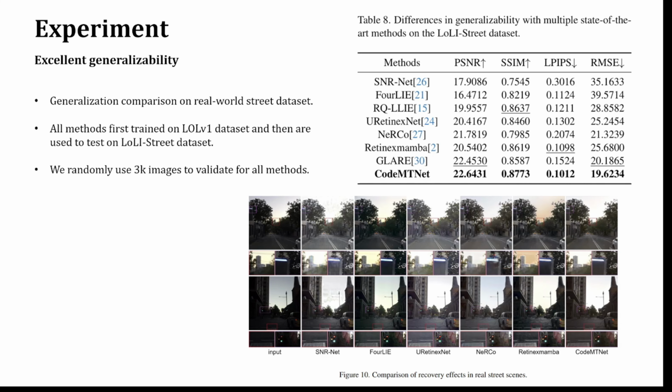Finally, we also compared our method with several state-of-the-art methods in terms of generalization. We randomly selected 3,000 of these paired images for a generalization test on CodeMTNet and some state-of-the-art methods, which are respectively evaluated on 4 common metrics using weights trained on LOL version 1. The experiments show that our method has excellent performance in complex street environments.